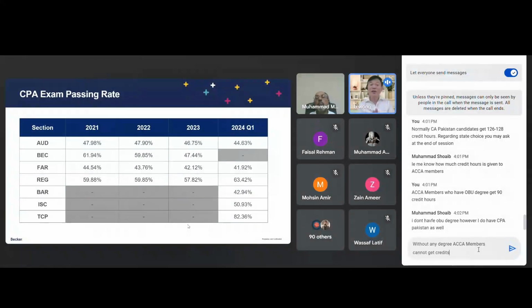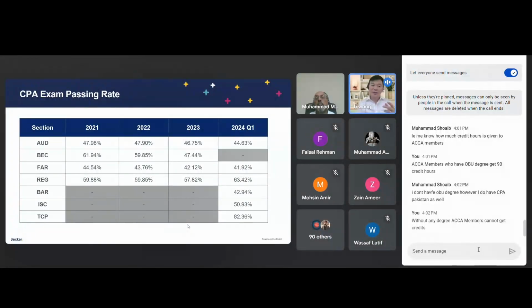But just to give you some idea, the passing rate for the individual exams is always around 45 to 65%. As you can see, from 2021 to Q1 2024, the core exams are around that range. With the exam change in 2024, we don't see much change.